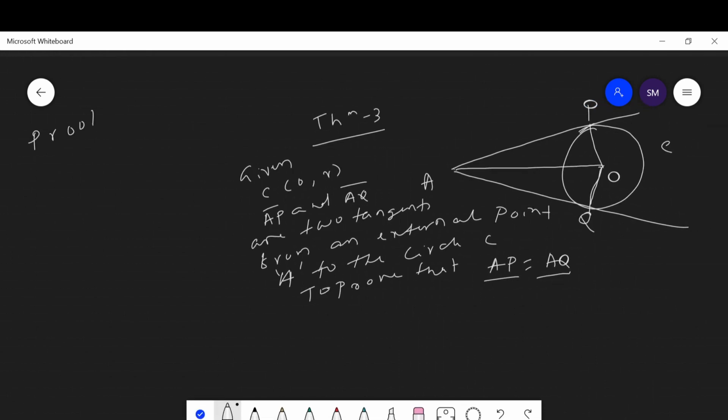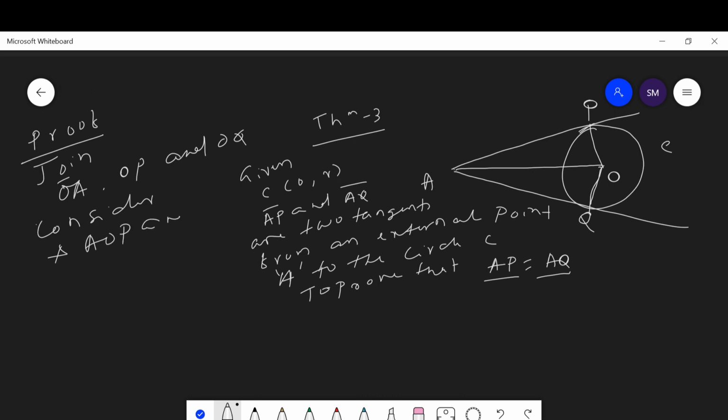Join OA, OP and OQ, and consider the triangle AOP and triangle AOQ.